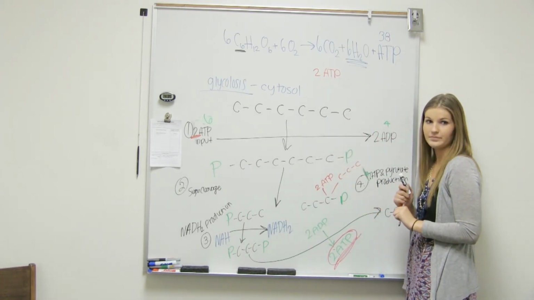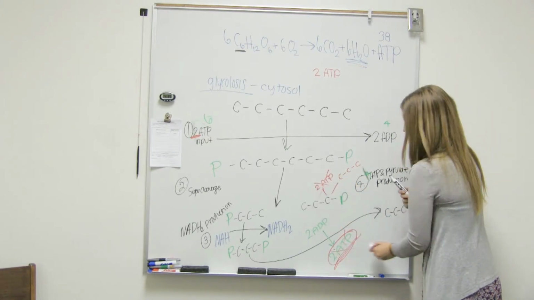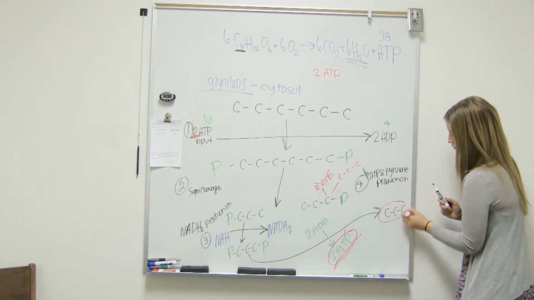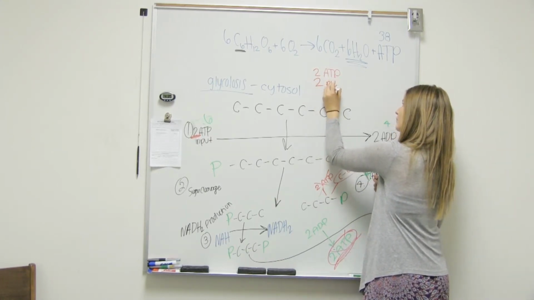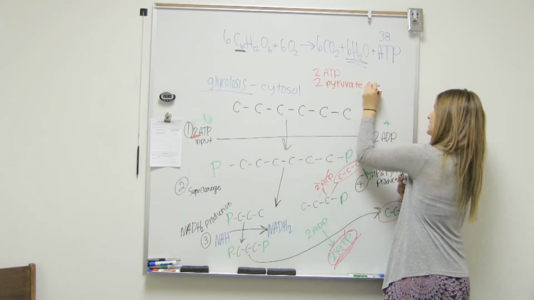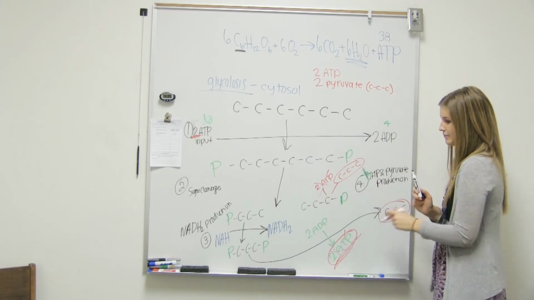What else do we make? So we've got our ATP, 2 pyruvates, which is our 3 carbon molecule, and 2 NADHs. That's right here.